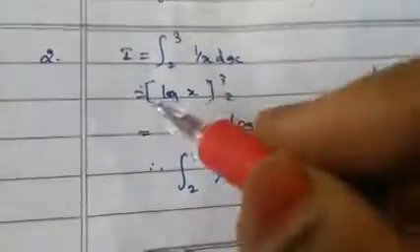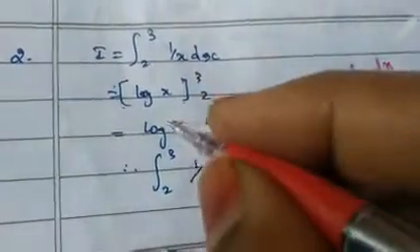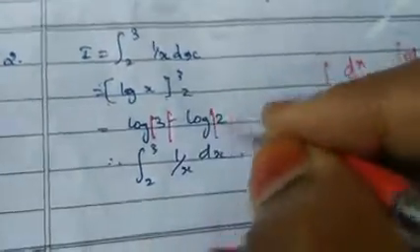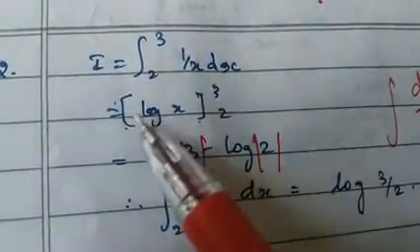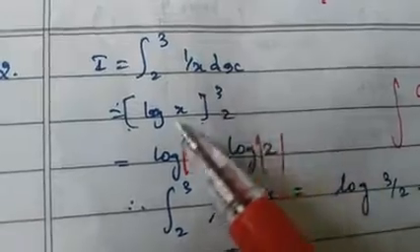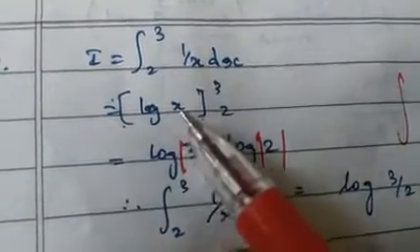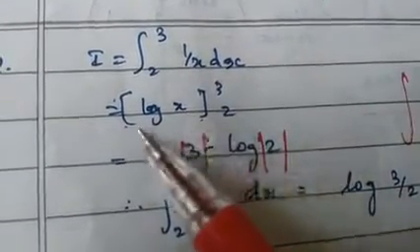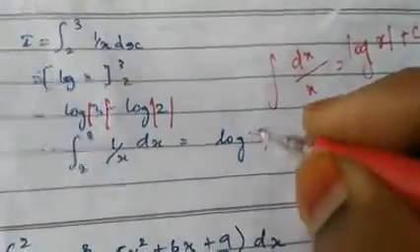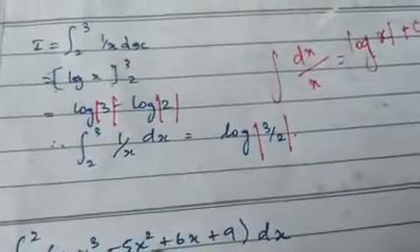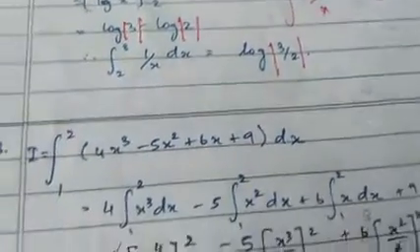So this is nothing but log x with the upper limit and lower limit. After that, you should substitute the upper limit minus the lower limit. Therefore, in the place of x, you substitute the upper limit. Therefore, log 3 minus the lower limit log 2. This is of the form log a minus log b, that is nothing but log a by b. Therefore, log of 3 by 2.